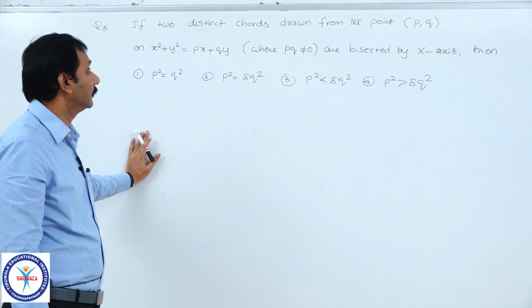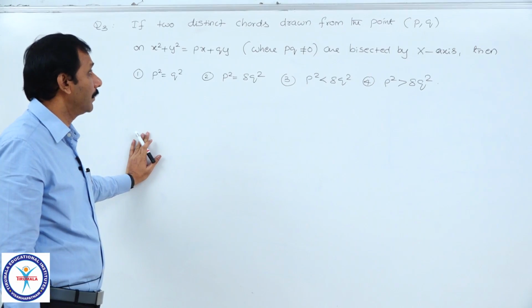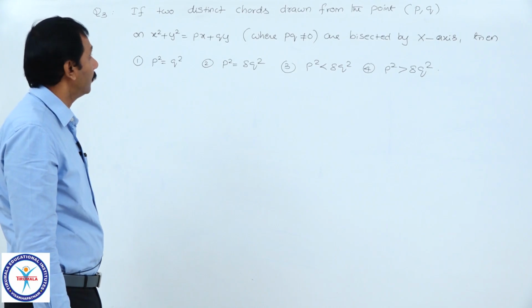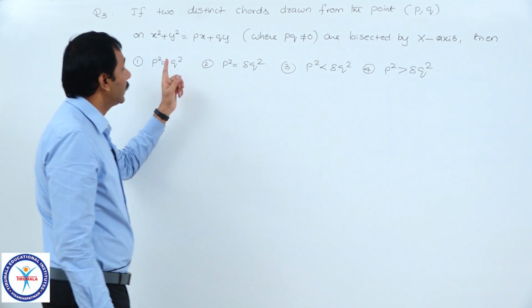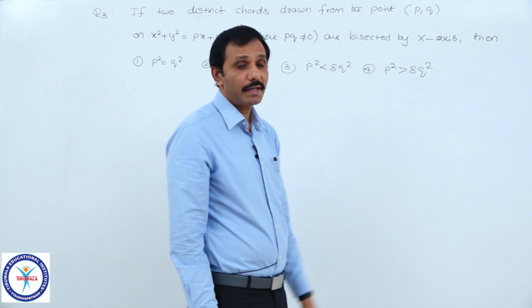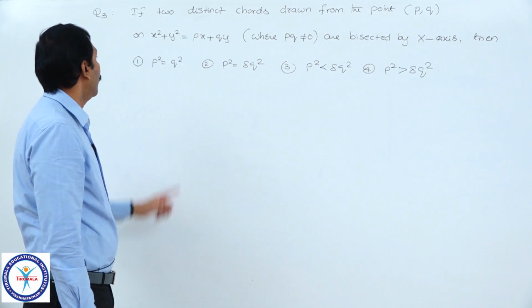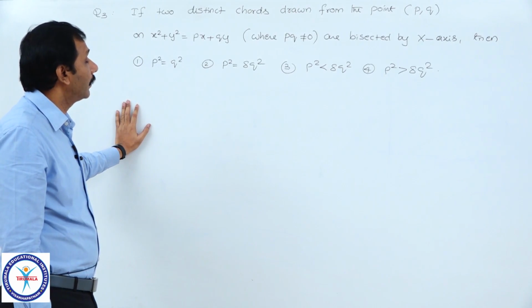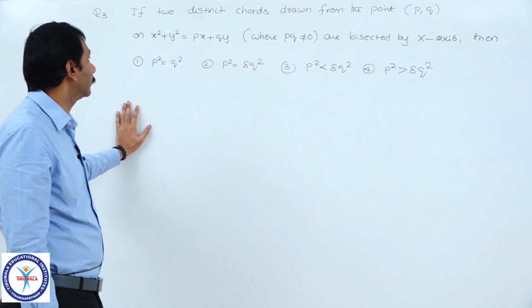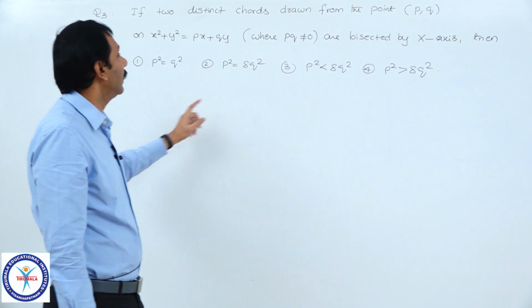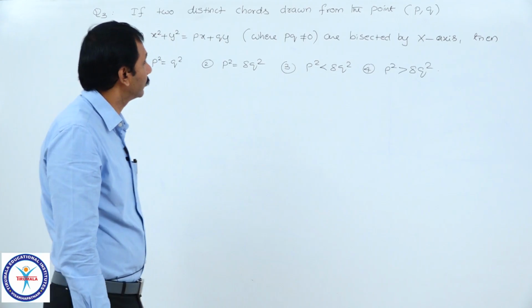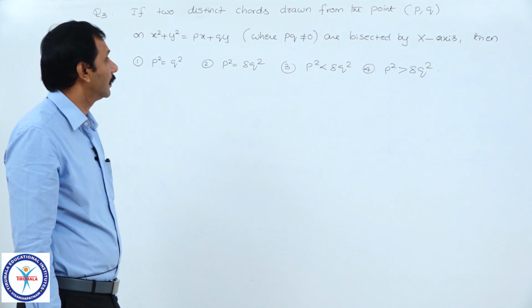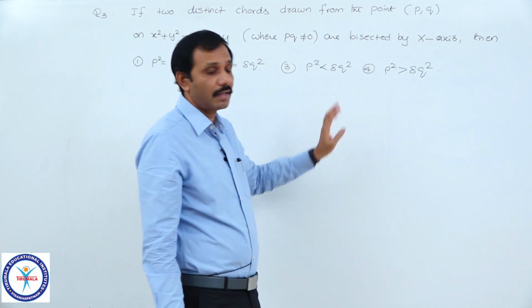Previous entrance question and similar model problems, they are asking on almost all competitive exams. Important model. If two distinct chords drawn from the point P comma Q on the circle x square plus y square equal to px plus qy, where product PQ not equal to 0, in the sense they have given none of these two is 0, are bisected by x-axis, then which of the following is correct?